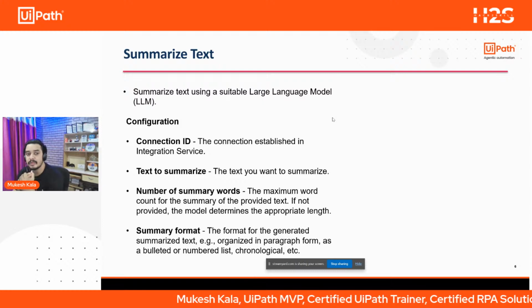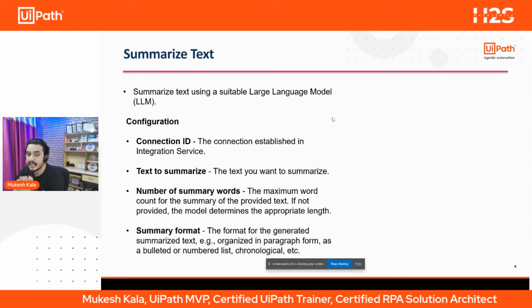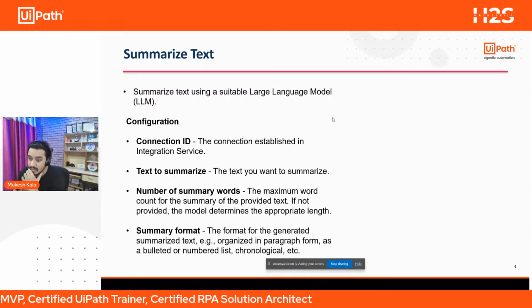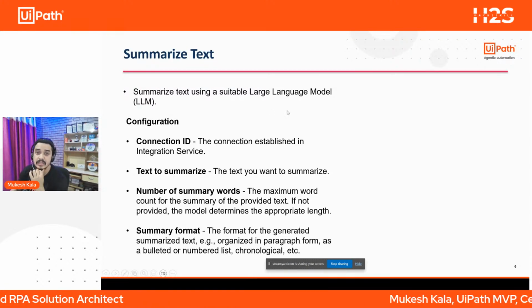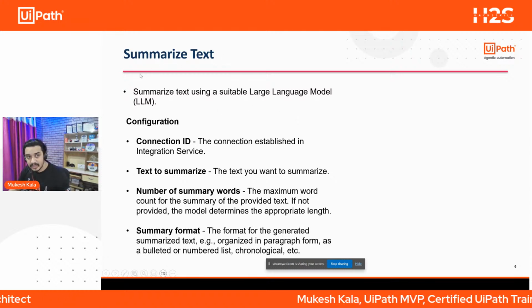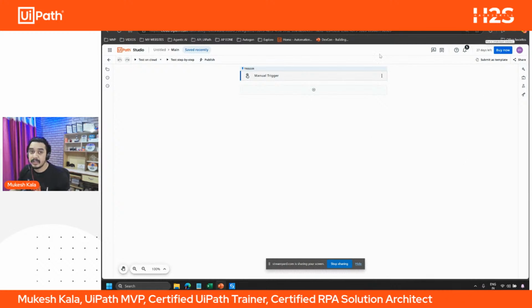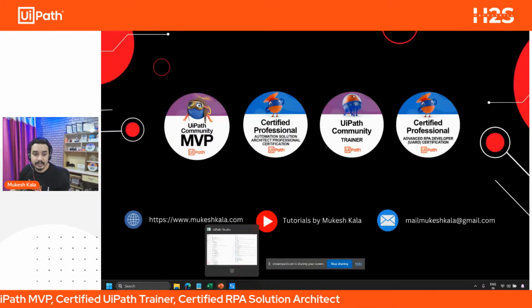You just have to provide the text, what the summary is, and how you want to get the data: in chronological order, in bullets, or in a numbered list. This activity is from the UiPath GenAI package, and it's available in the same place as the other activities.